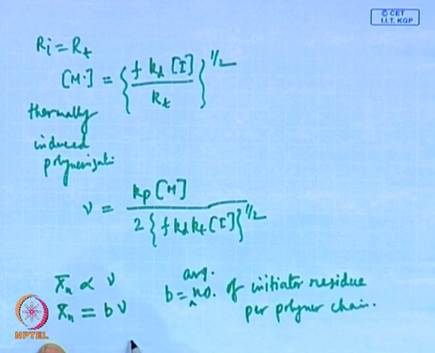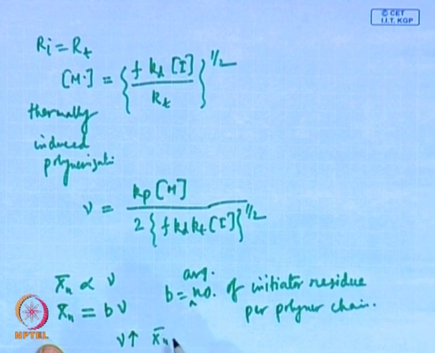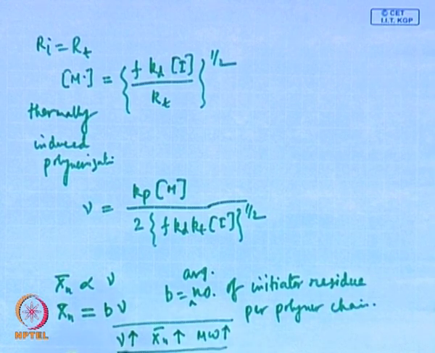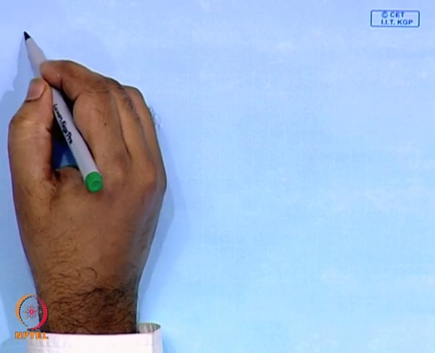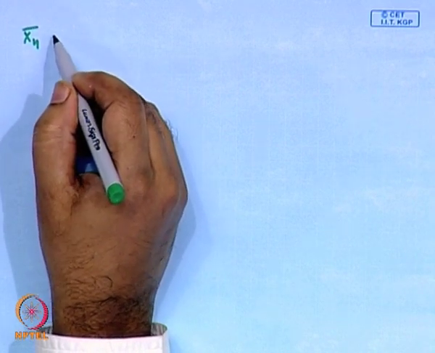So, if the kinetic chain length goes up, the average degree of polymerization will go up, and hence the molecular weight will also go up. So that is the importance of kinetic chain length: if it goes up or goes down, then accordingly the molecular weight goes up or goes down. Now, how is the average degree of polymerization related to nu?